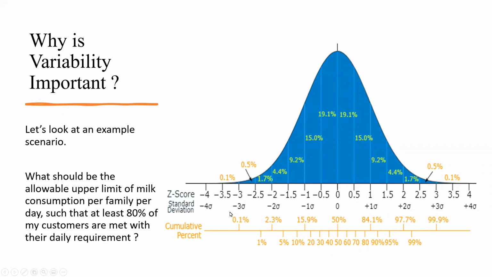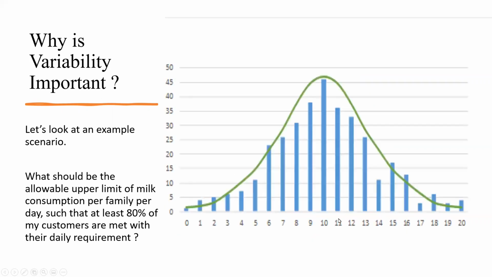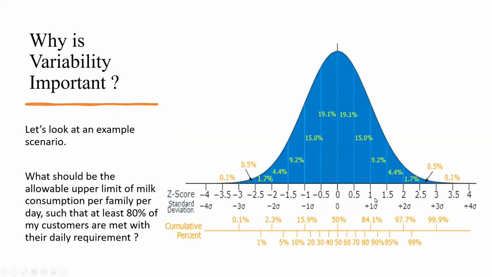Always remember that on the x-axis, though we are showing z-score and standard deviation, what our x-axis represents is the number of liters of milk, as we saw previously. These same values will continue here as well.